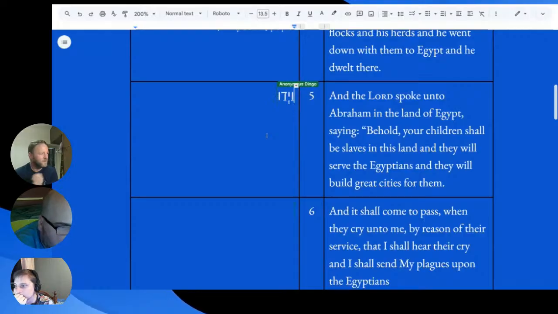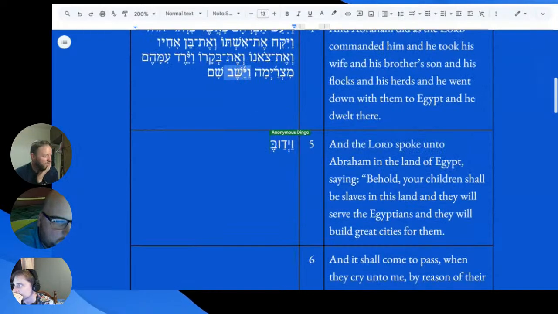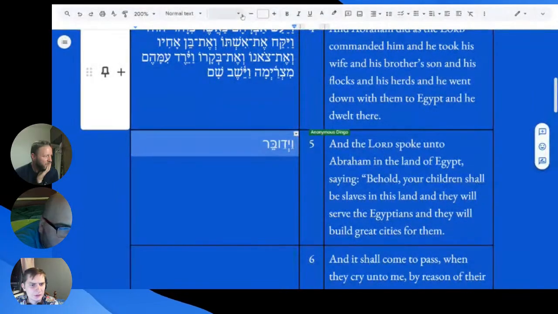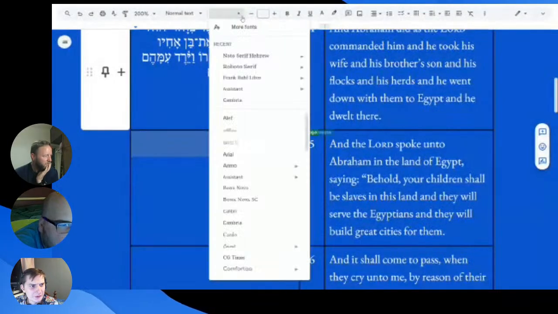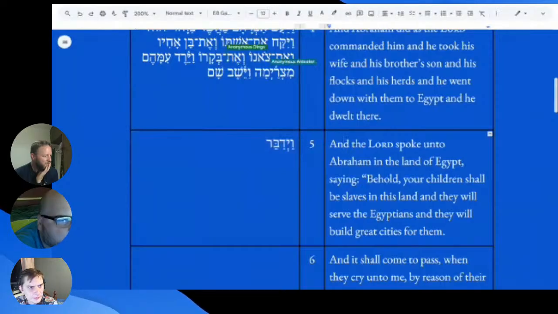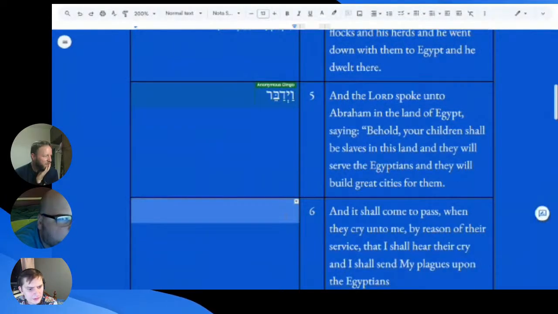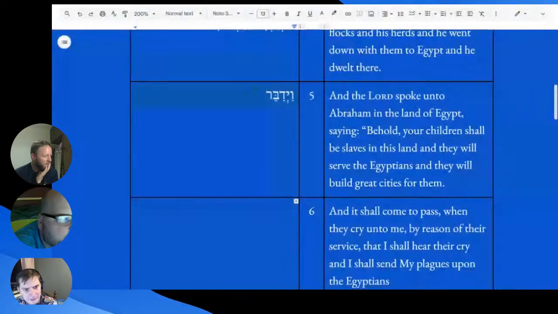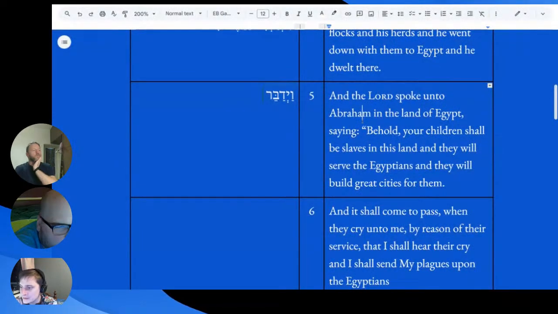What happened to the text? Wow. Did it switch fonts? Oh yeah, it's a different font there. You've been using Noto Sans, I believe. Noto Serif Hebrew. I put it back. I recently downloaded the SPL Hebrew font. It's neat.